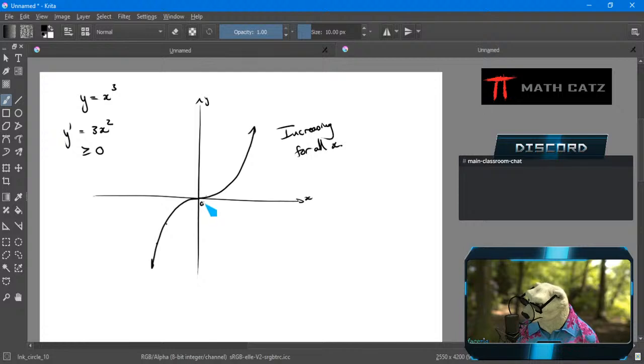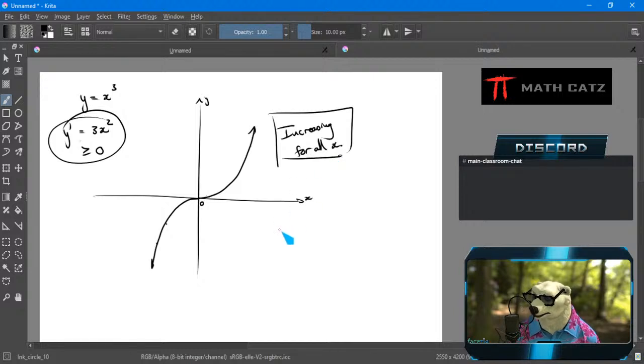In the case where x is 0, then I have a 0 slope, but I satisfy the requirement of being at least 0, so I'm increasing everywhere. But of course, this function isn't very interesting, right? It's a basic function. I already know everything about this guy.